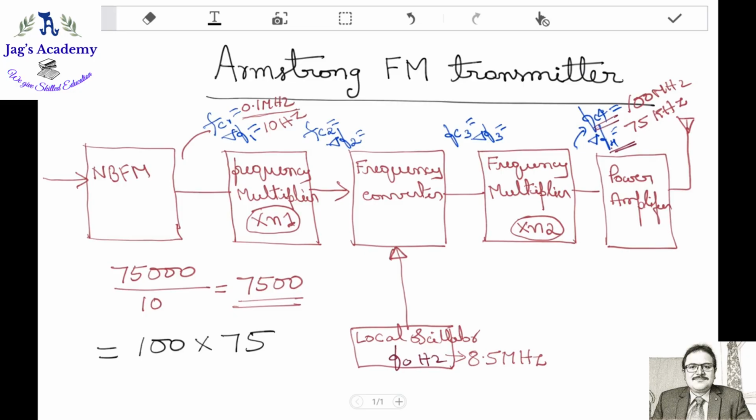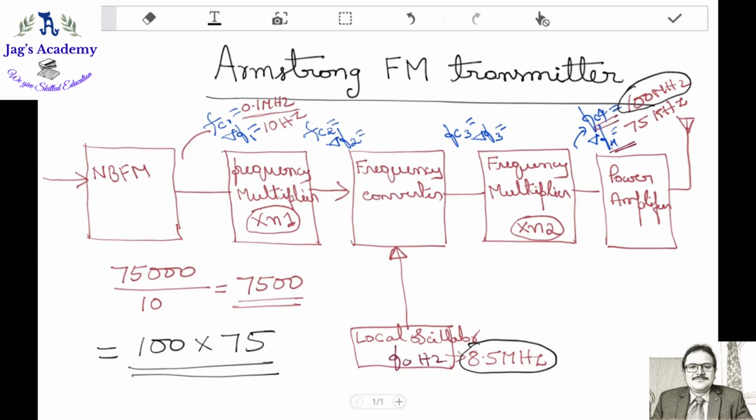Now out of this, which is N1 and which is N2 we don't know. That can be found out by making use of the local oscillator frequency information and the final requirement of the carrier frequency.